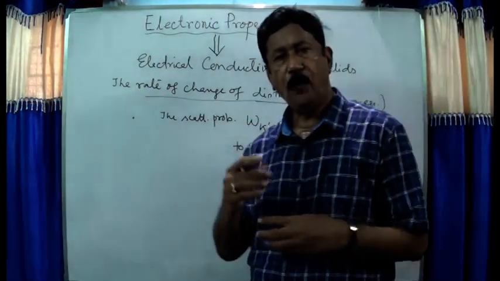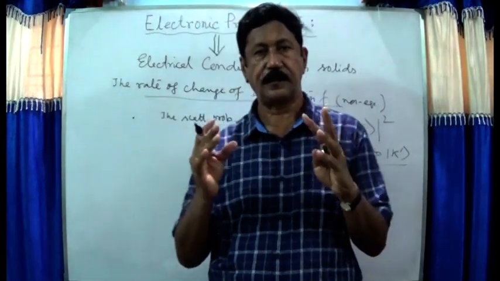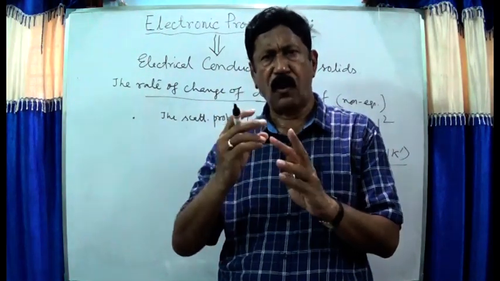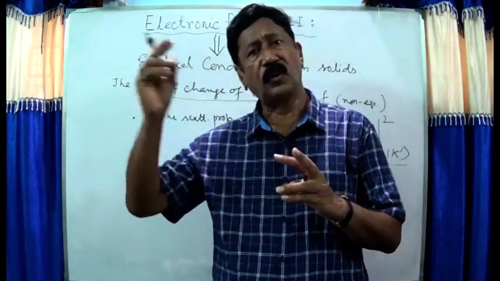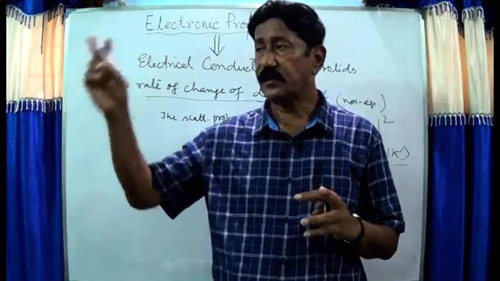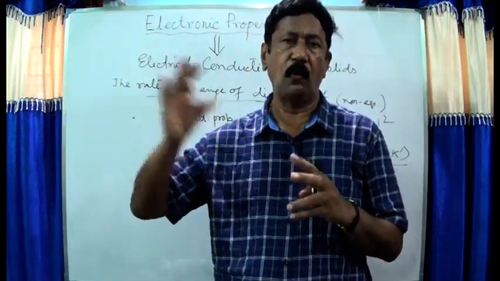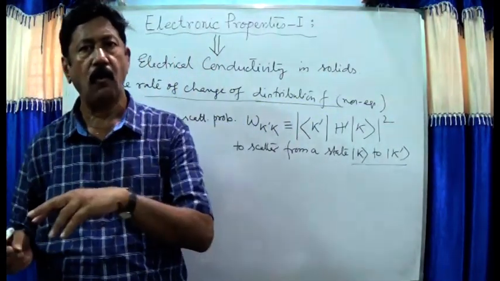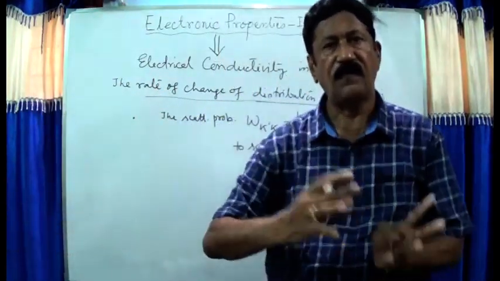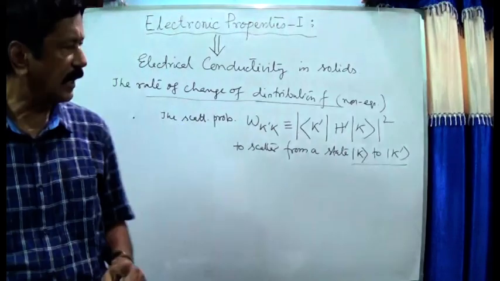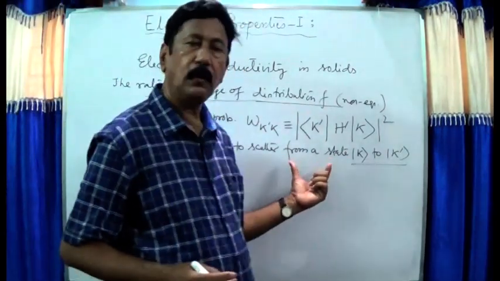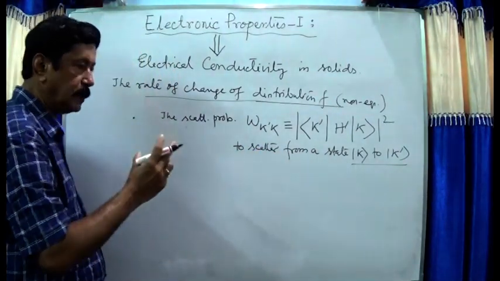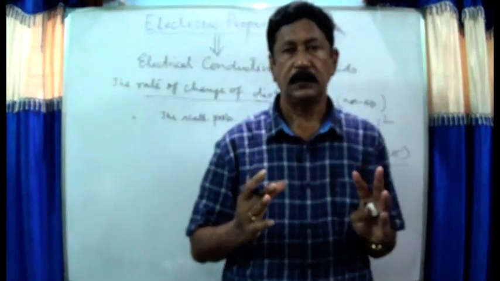Because how many particles are there in a particular state or a set of states, and from that state where are they going, is there any possibility to go there? If all the states are occupied there, then no one can go. If there is partly vacancy, someone will go. If all are vacant, then every particle can go. So there is an important role of the distribution function to estimate the amount of scattered particles.